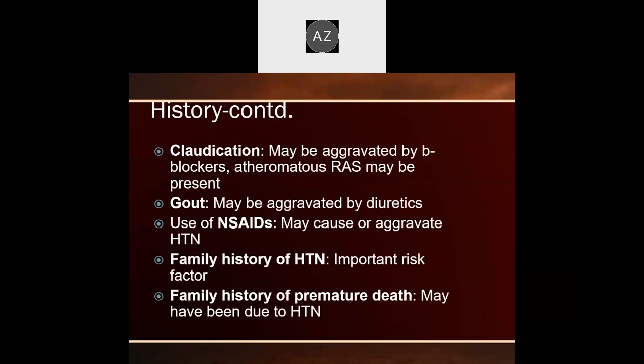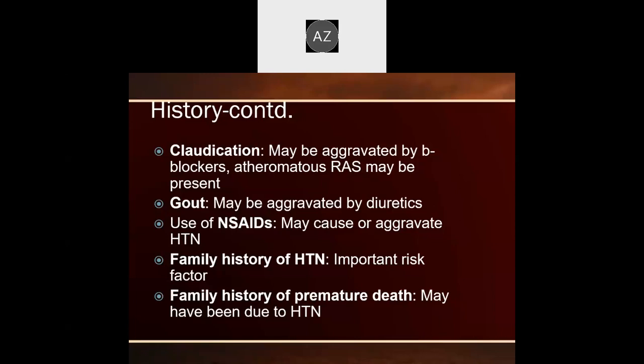Check the history for whether the patient has claudication. It might be aggravated by beta blockers. So check for the patient with arthritis or gout, for example. Use of NSAIDs, non-steroidal anti-inflammatory drugs, may aggravate hypertension.